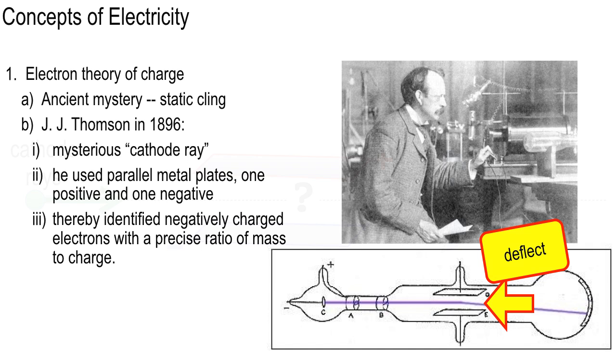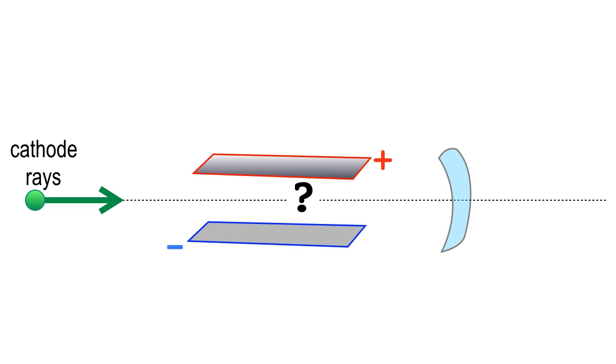Now, here's another view of it. This is kind of streamlined. You can make a sketch of this. Here's your cathode ray source over here on the left. And he sends it through the gooseneck, and then it goes into this region between the two plates. So the upper plate is positive in this diagram. The lower plate is negative.